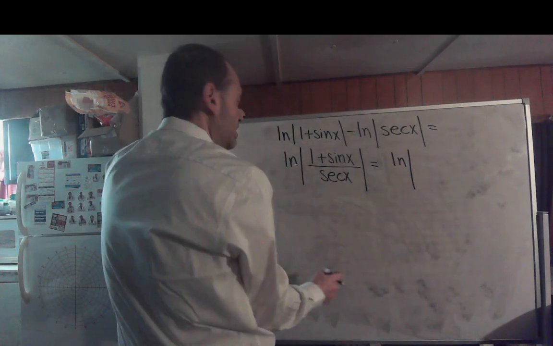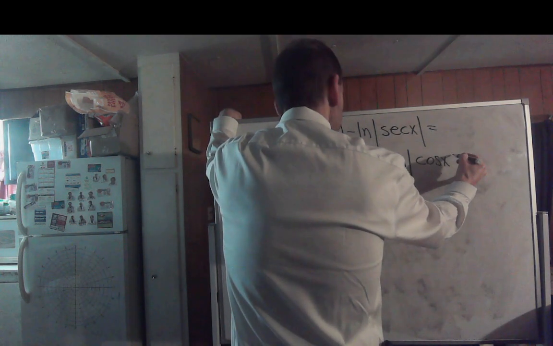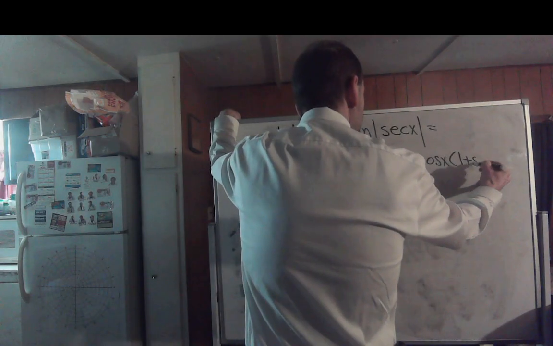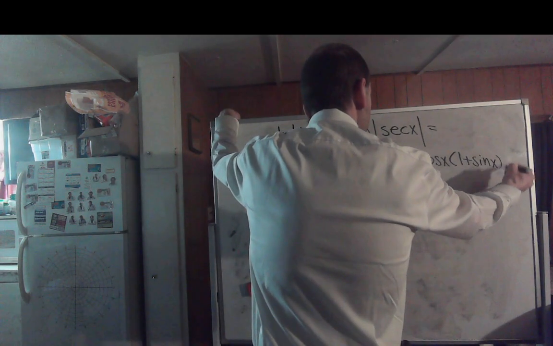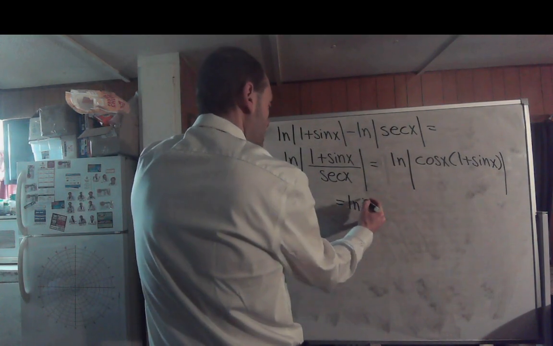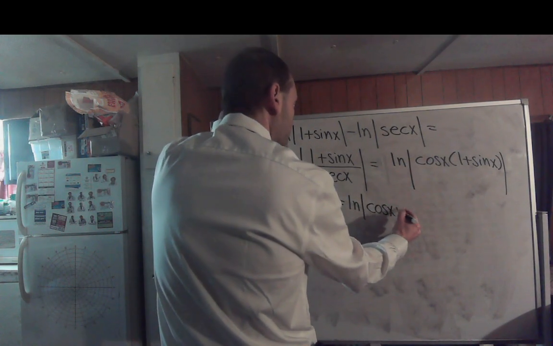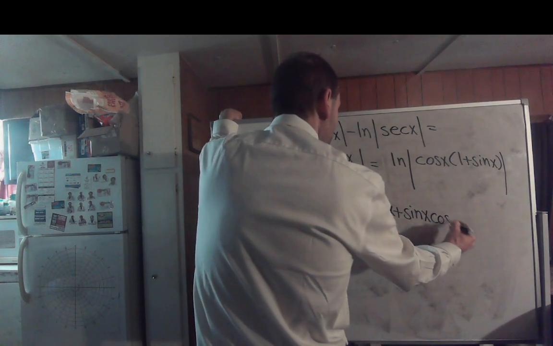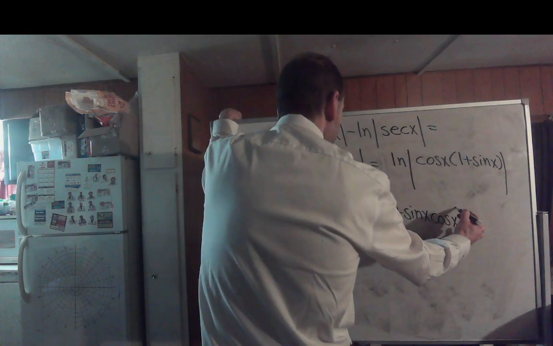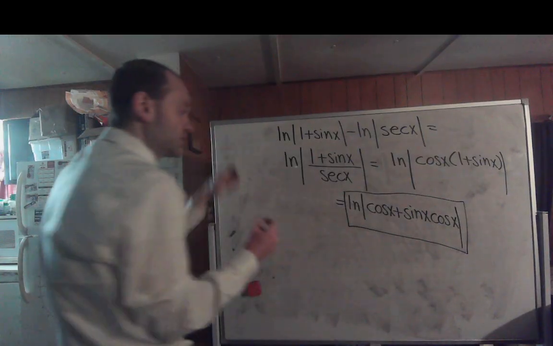The natural log of the cosine of x times 1 plus the sine of x, which for a final answer should be the natural log of the absolute value of the cosine of x plus the sine of x cosine of x. So that's how that's simplified into a rather hideous one.